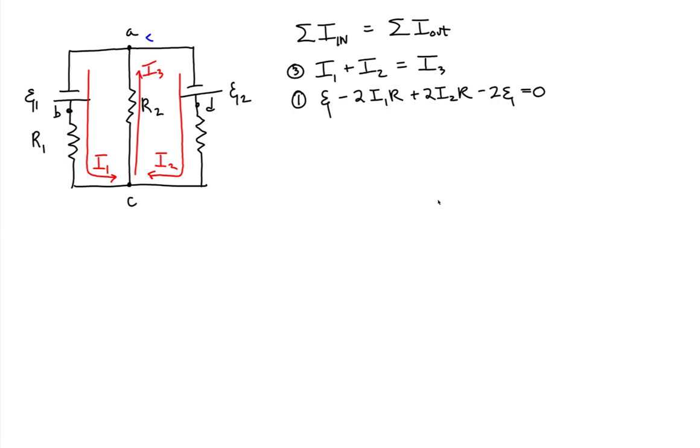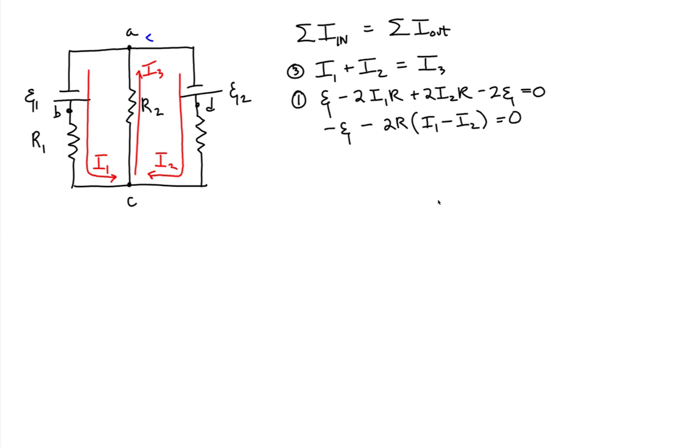Well, we could simplify this to say, let's see, we could combine the two EMFs, so that's minus the EMF, and we can factor out a 2R from both resistors, and that is going to give us a (I1 minus I2) is equal to 0.